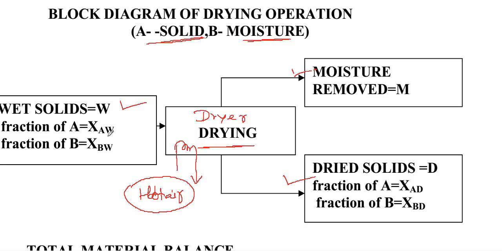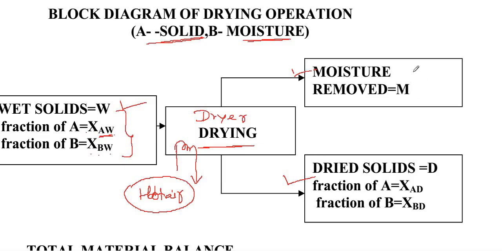The fraction of A in wet solid is given by XAW. X stands for fraction, A stands for solid, W stands for wet solid. And XBW is what? Fraction of moisture in wet solid. So this will be the composition of your wet solid.